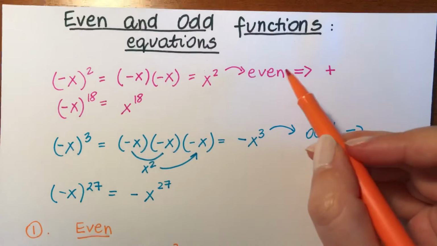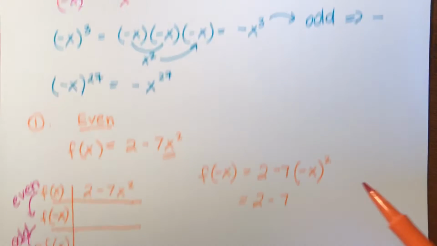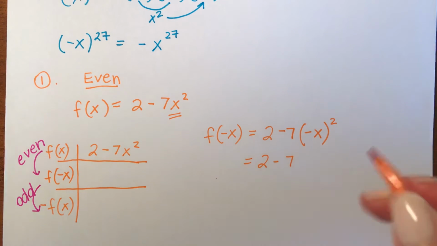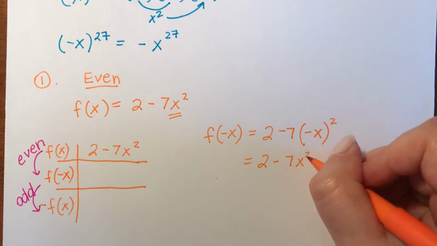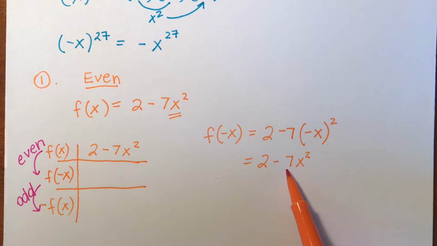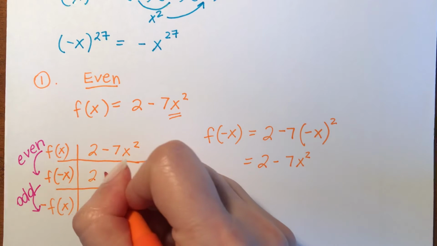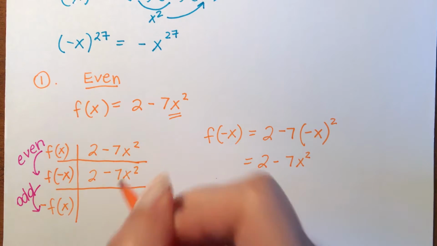When we're dealing with even exponents, we're getting a positive answer, okay? So negative x squared is the same as x squared. Now, we can't simplify this anymore. These are not like terms, and this is my answer that I'm going to put in this table. So I get 2 minus 7x squared.